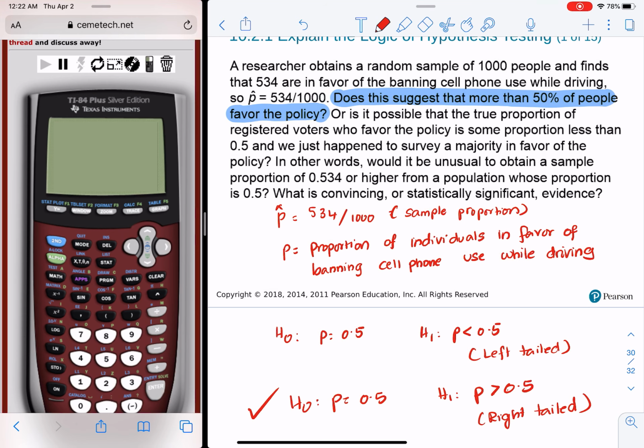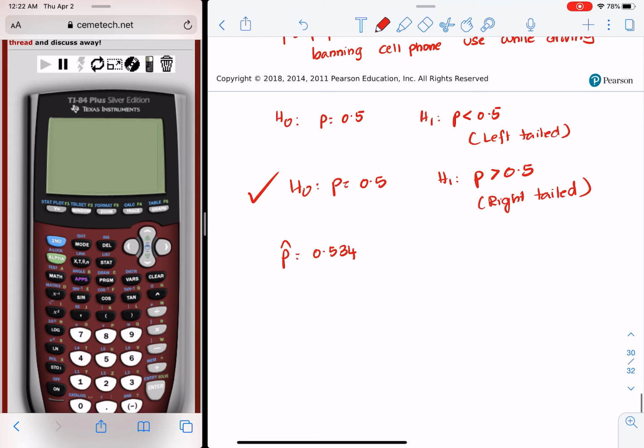Just because we have 0.534, does it imply it is bigger than 0.5?